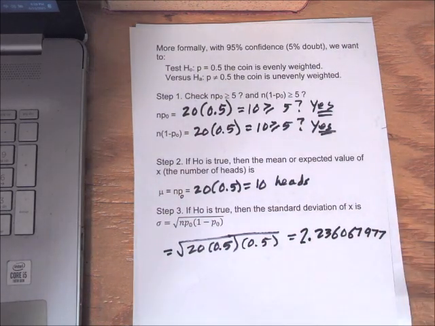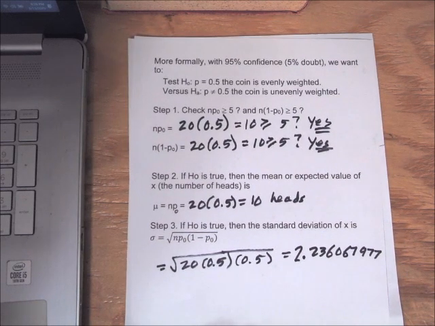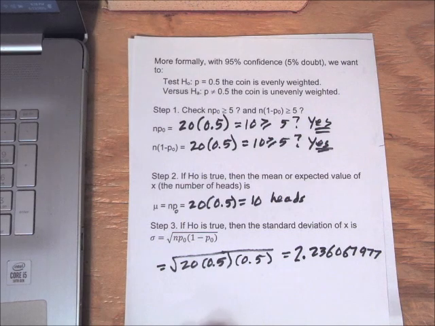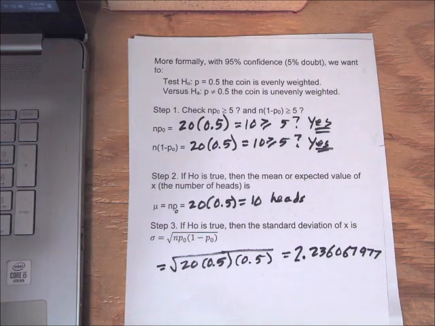Okay, 2.236067977, and just so I don't have to type this in again, I'll store it in my calculator. Then I can recall that later. Okay, so we have the mean and standard deviation, and we know what x is. X was 11 heads.